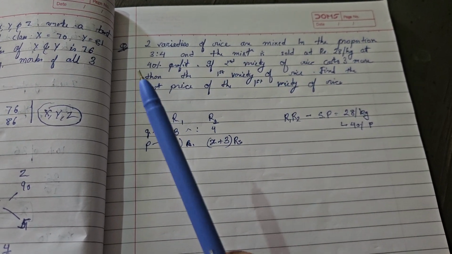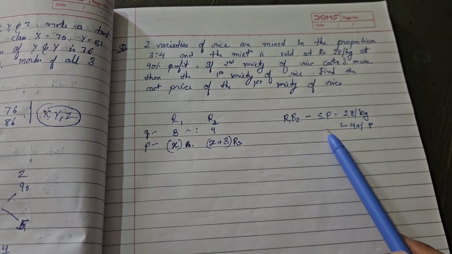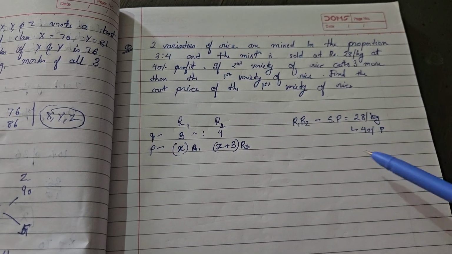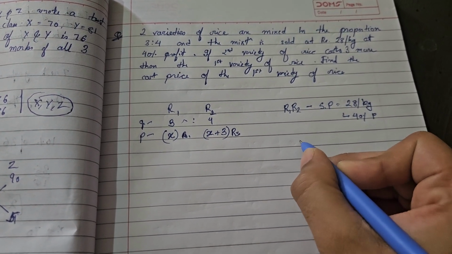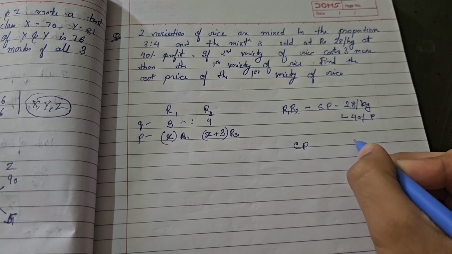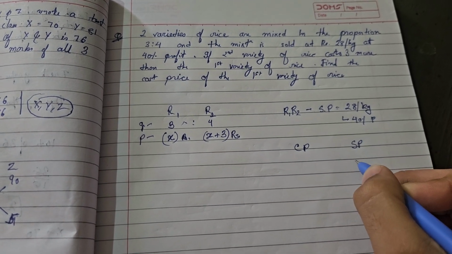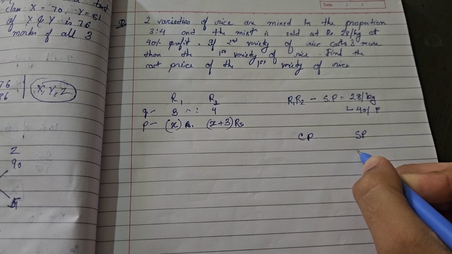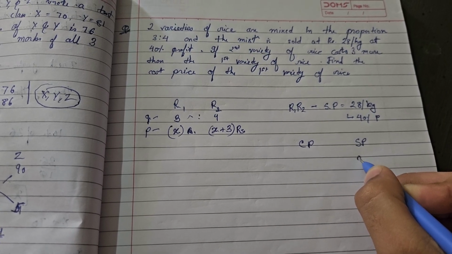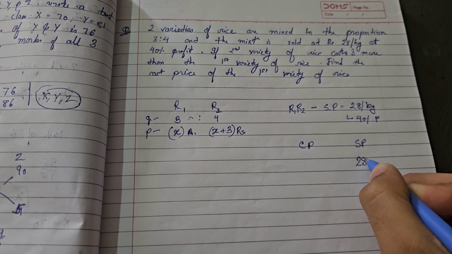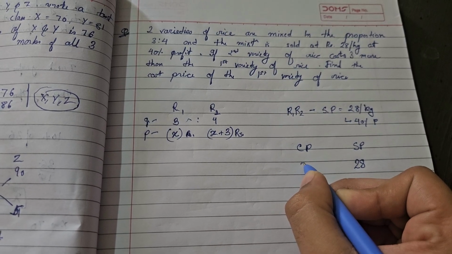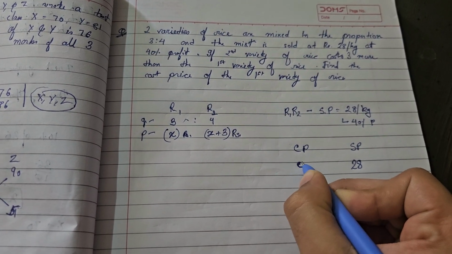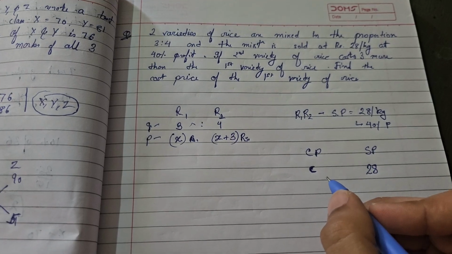To find the cost price, first we'll have to find the cost price of this mixture, right? Which is very simple. We know the cost price and selling price. This is a very simple trick. Let's say the cost price is C, and the selling price is 28 rupees per kg.